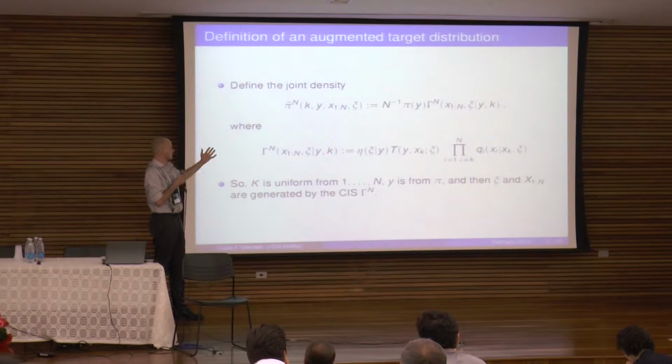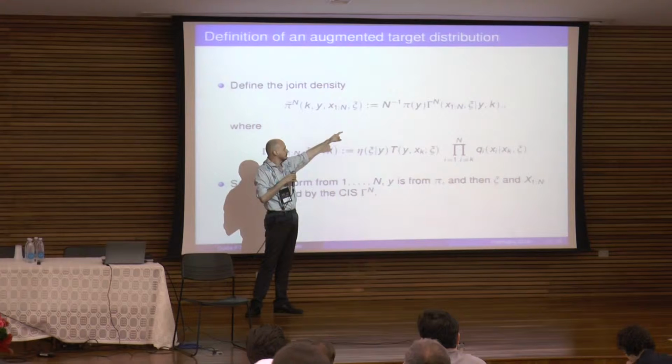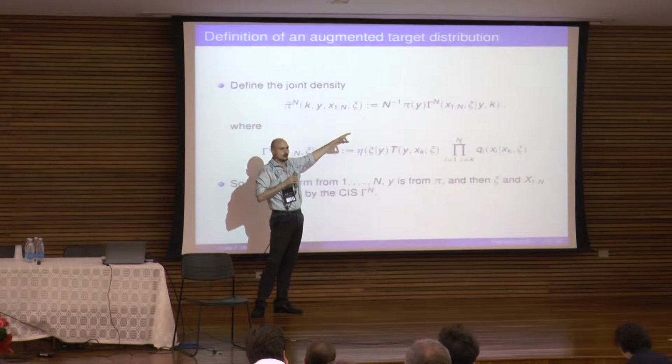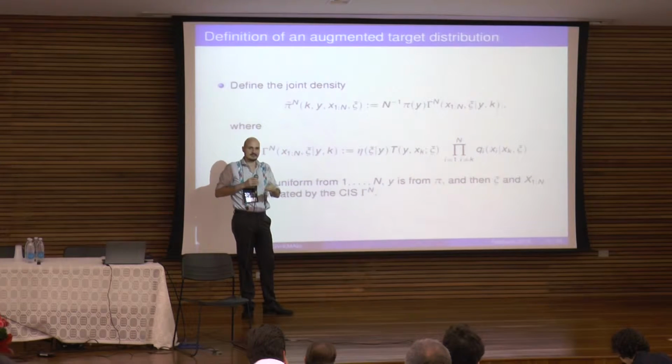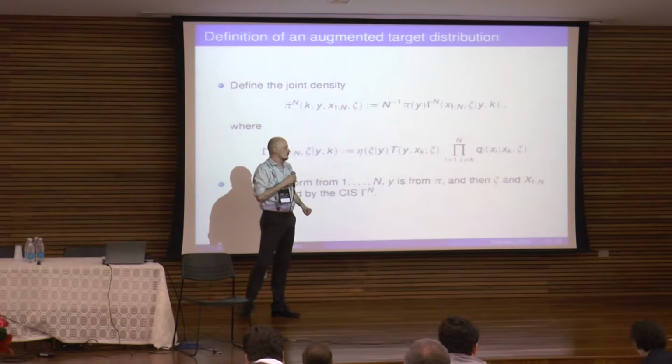And I define this augmented density that essentially has k sampled from a uniform, y sampled from the target. Again, as I said, it lives inside an MCMC algorithm, so eventually it will converge, so it's a reasonable thing to assume. And then we have our conditional importance sampler.